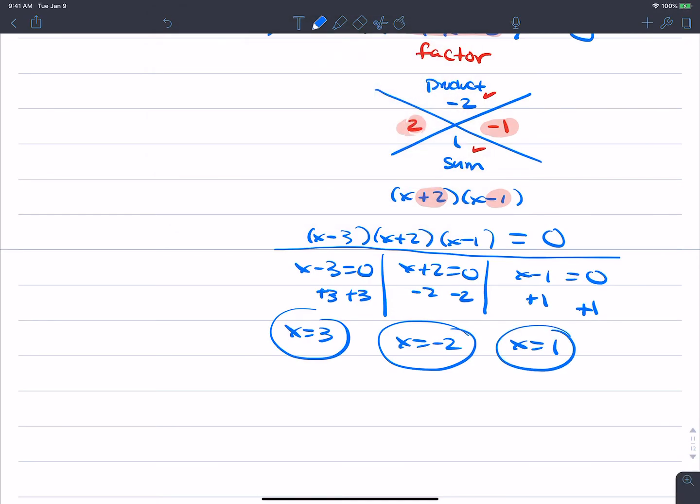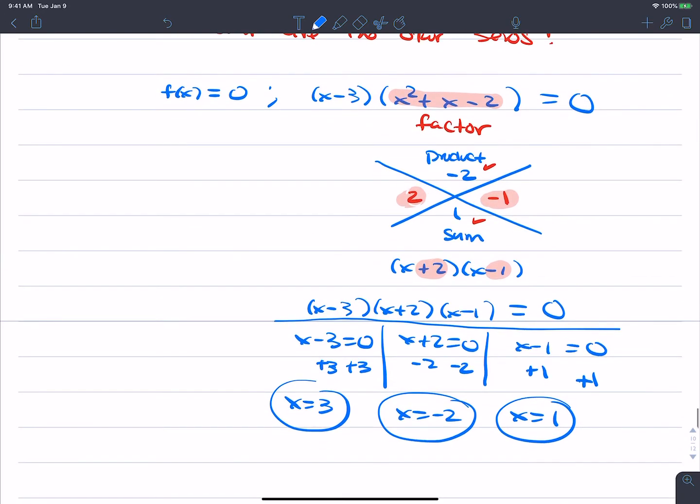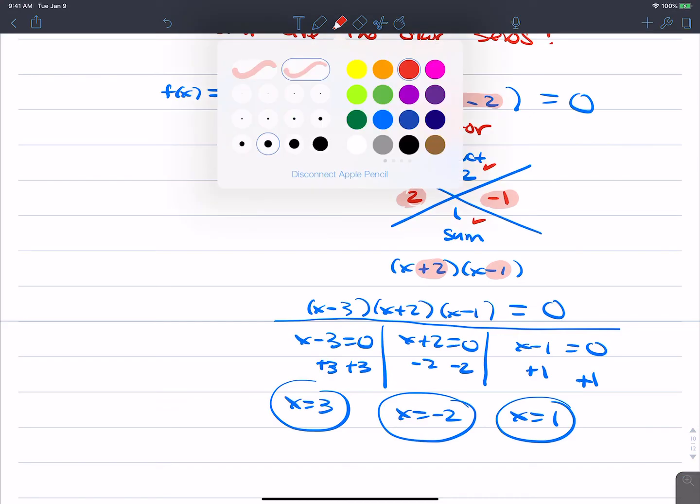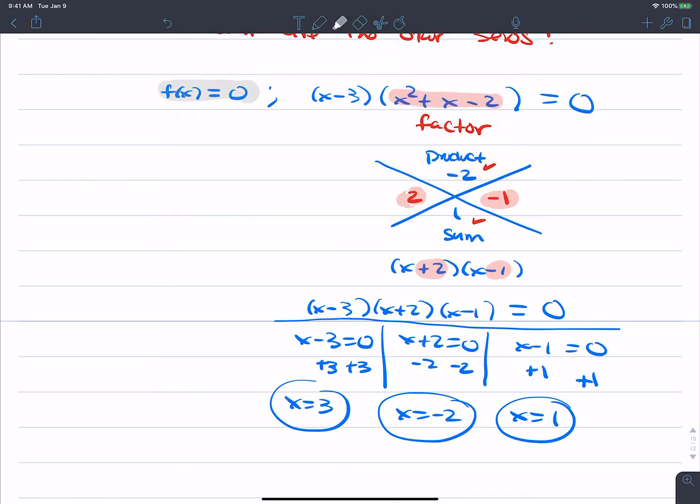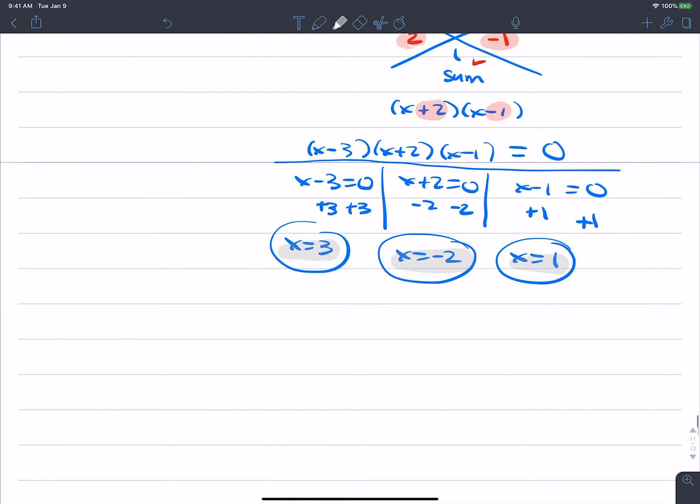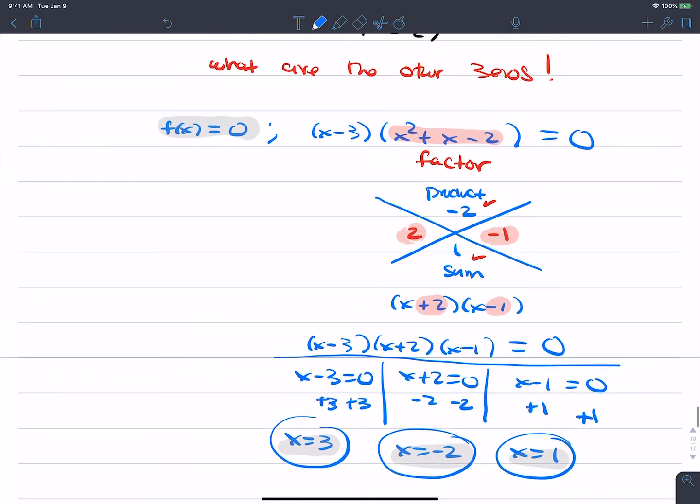So this is how we find all the zeros. These are the values of x that make that polynomial function equal to 0. This is what we just found. So here's our answers. 3, -2, and 1. These are all our zeros. So you can write it down that way if you like, or you could just leave it as is.